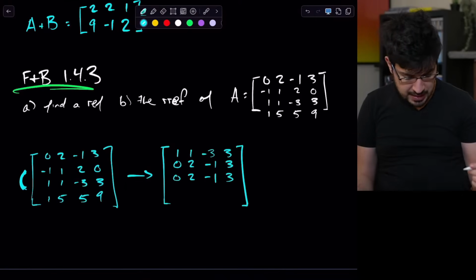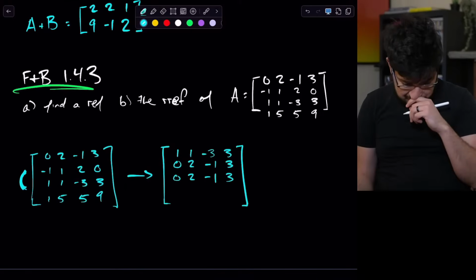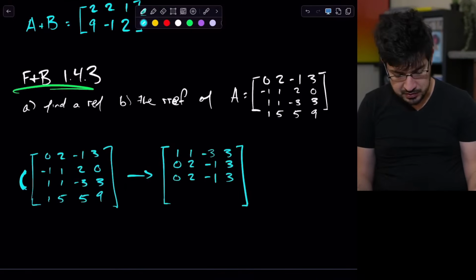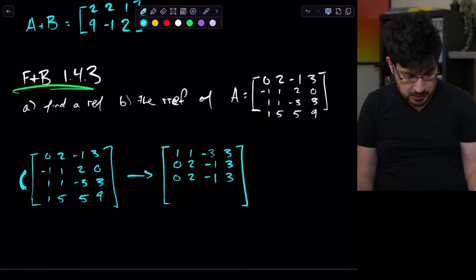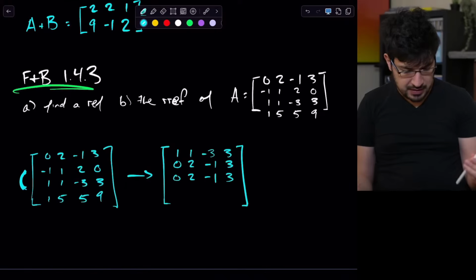So hey, look at that. The second and third rows of this new matrix are identical. That's good, it's going to be easier to work with. And then the final row, 1, 5, 5, 9.